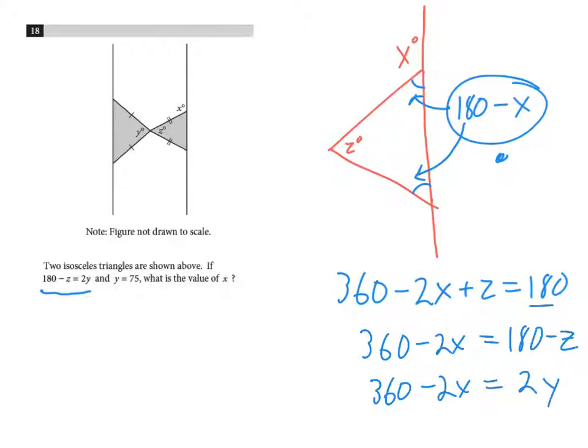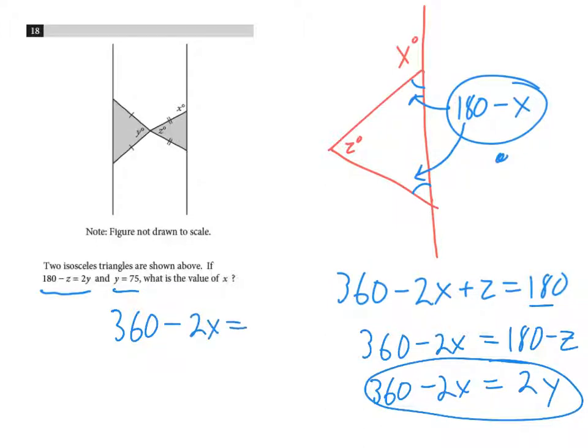Okay, well, we know that y equals 75, so I'm just going to plug in 75 for y. I'll get 360 minus 2x equals, well, what's 2 times 75? 2 times 75 is 150.